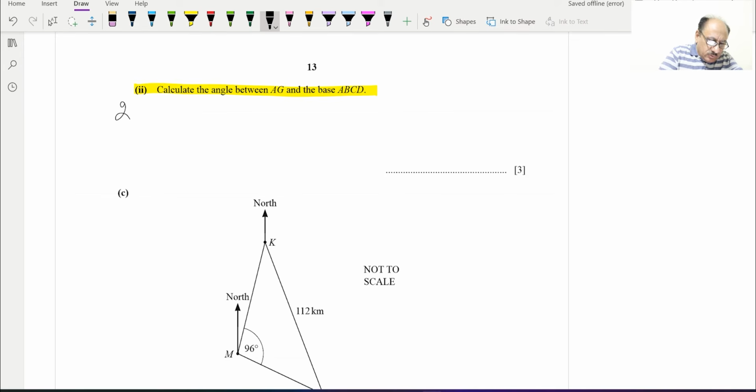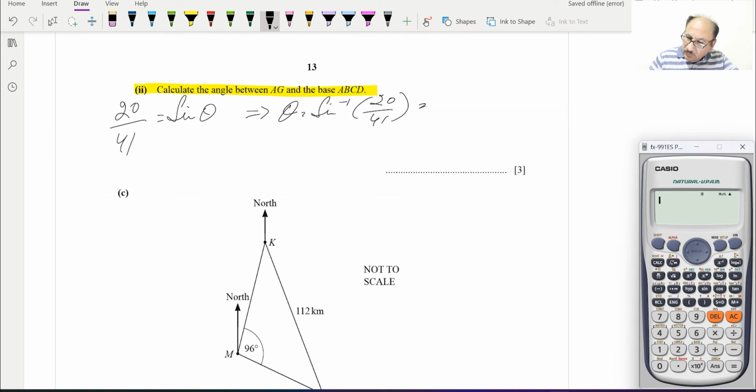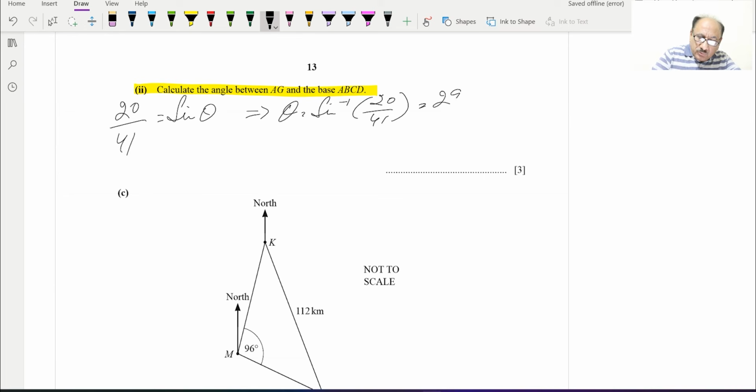So we can write 20 over 41 is equal to sine theta, and this implies theta is equal to sine inverse of 20 over 41, and this will be equal to shift sine of 20 over 41, which is 29.19 or 29.2 degrees. So our answer will be 29.2 degrees. This will be the answer for 3 marks.